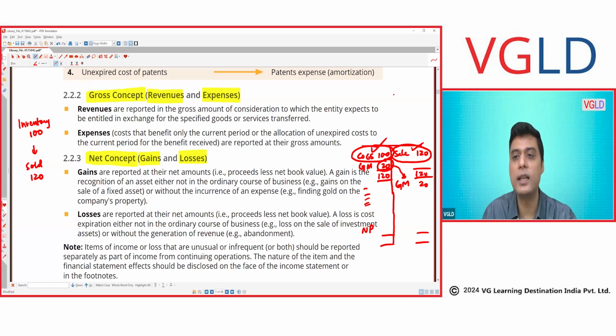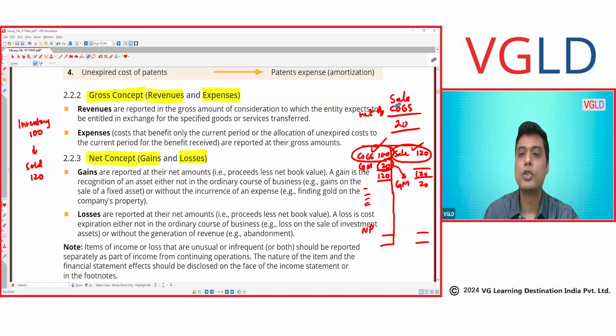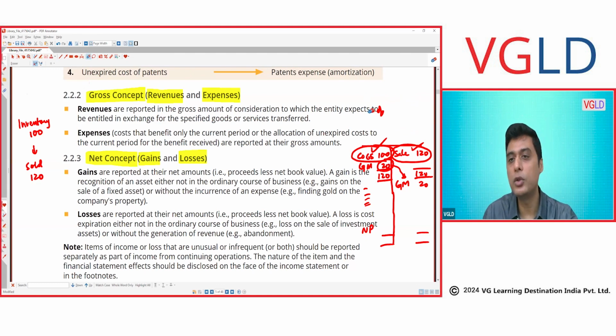So this is the sale net of cost of goods sold. Sale net of cost of goods sold is $20. Isn't it? So we don't show the net amount, we show the gross amounts. In the income statement, we will show the sale, we will show the cost of goods sold. That is why it falls in the gross concept.